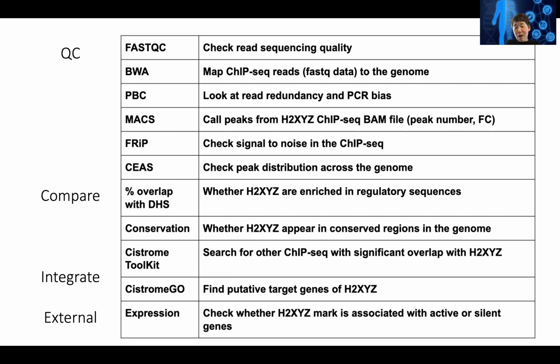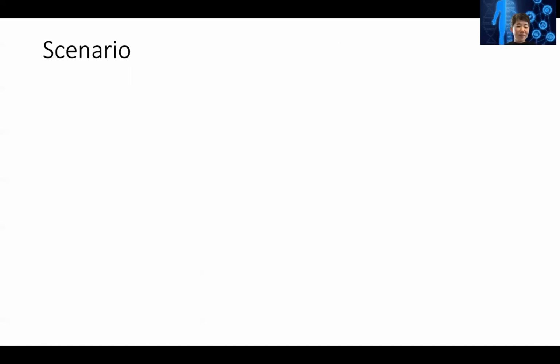You want to see whether the mark is appearing in the genes that are silent or active in the cell. And so at least I think that will give you some idea. So in this comparison, actually, we're already using some external data, but you can imagine you integrate the ChIP-seq with the expression data with all the other external data out there. Okay, so that's roughly how you would characterize a new histone mark.